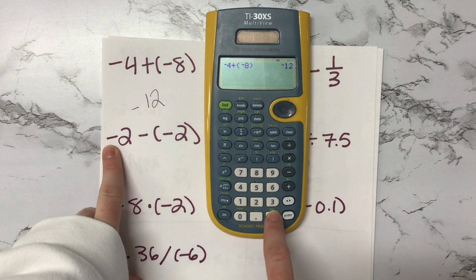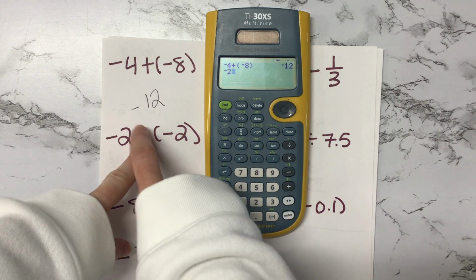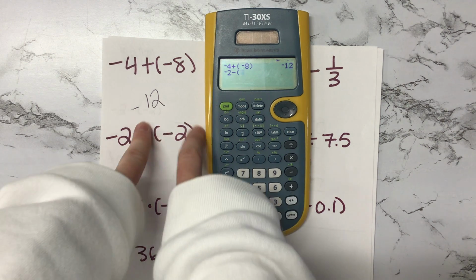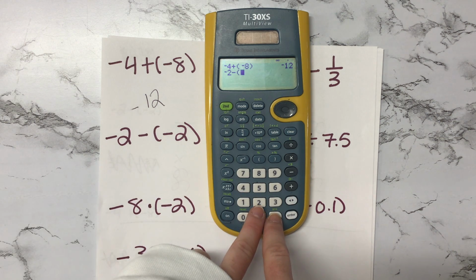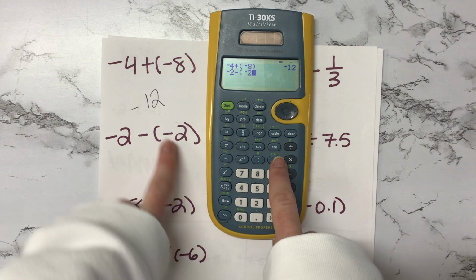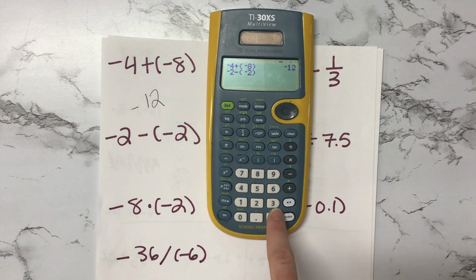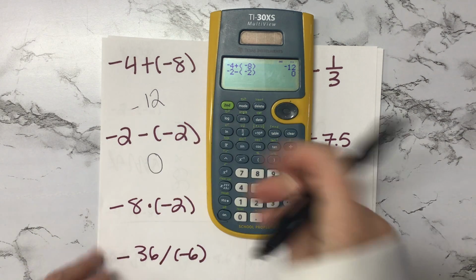So same thing, -2, I use the negative, then the 2. This is a subtraction, so minus. Then this inside the parentheses means that this is a negative. So I'm going to go back to the negative button, 2. Close the parentheses with this button. You should get 0.